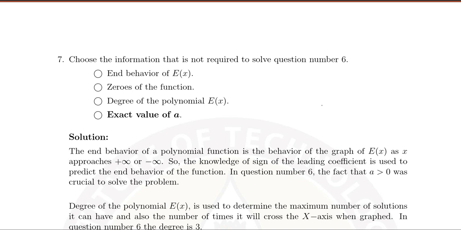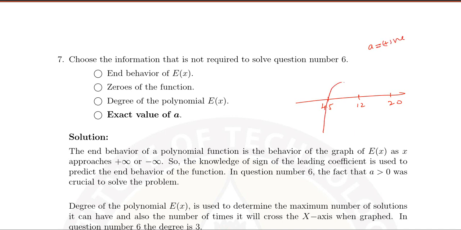For example, we had those points like 4.5, then 12, and then 20. As I mentioned earlier, A was positive, the leading coefficient term was positive.